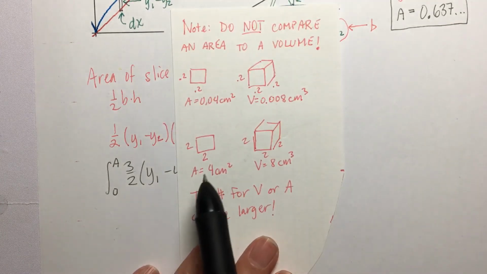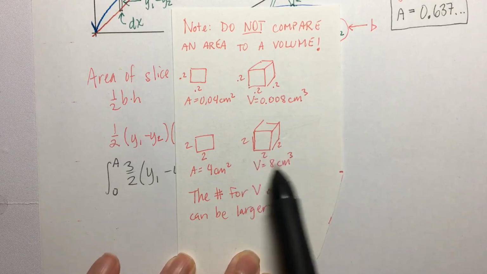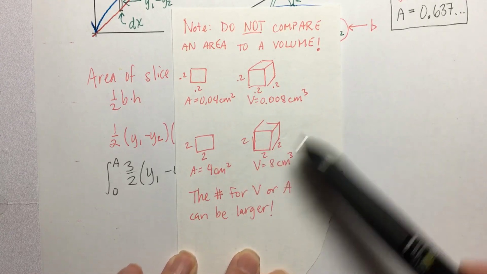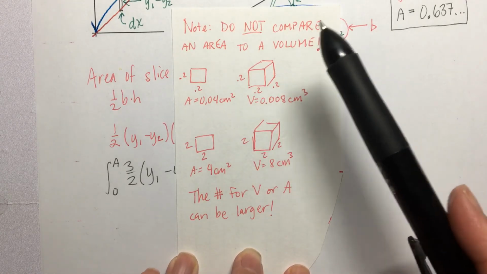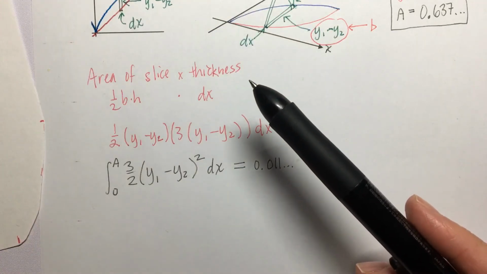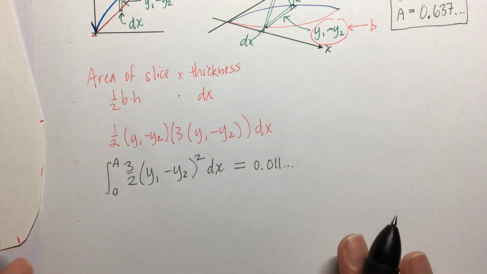But if I compare a 2 by 2 square versus a 2 by 2 by 2 cube, the volume is numerically bigger here. So the whole point of this is areas and volumes don't compare, because you can't really compare square units and cubic units because they're entirely different things. So it's just something to note, because I've had students get really confused on that.